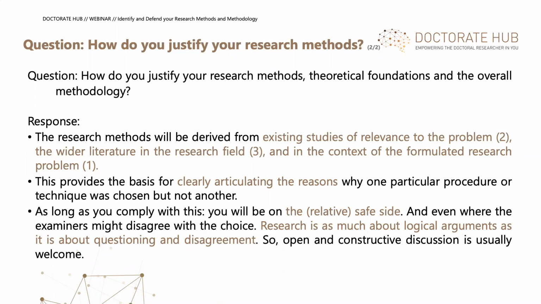And this will provide you with a basis for clearly articulating the reasons why one particular technique was chosen in preference to another one. If you compare them against the research problem and against the questions that you want to answer, this will give you the granularity that you need to bring up the argument and to clearly articulate reasons why one is more suited or seems to be more suited than the other one.